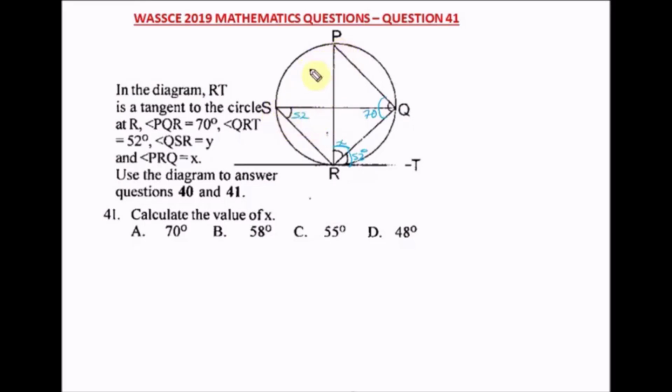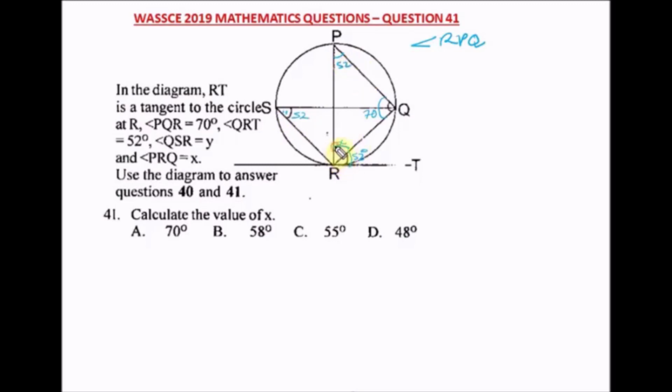Angles in the same segment of a circle are equal. Now these two angles here, that's the angle RPQ. Is it in the same segment as this? So it means that this particular angle is equal to 52.